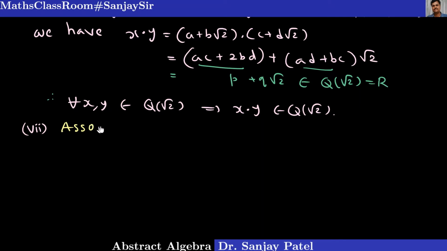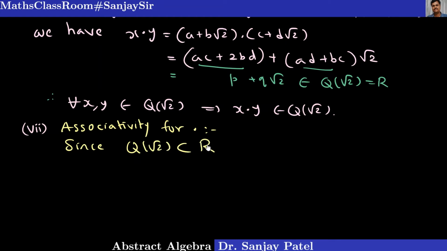It is associativity for the multiplication operation. And since the set Q root 2 is a subset of the set of real numbers, we have this operation of multiplication also associative, that is x into y into z is equal to x dot y dot z.